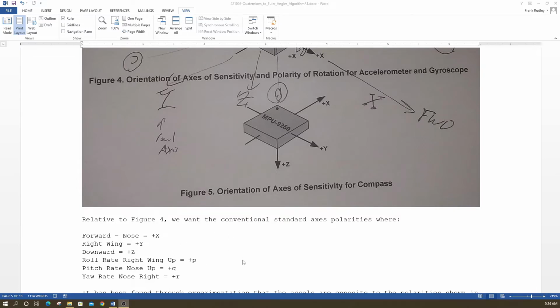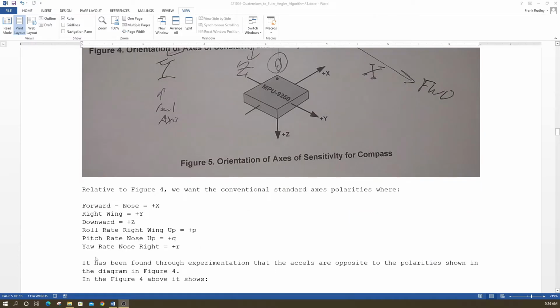If we're doing a right roll, we want that to be positive roll rate. If we're going nose up, we want that to be positive pitch rate. And if we're turning right or yawing right, as our nose goes right, we want that to be positive R, which is our yaw rate.